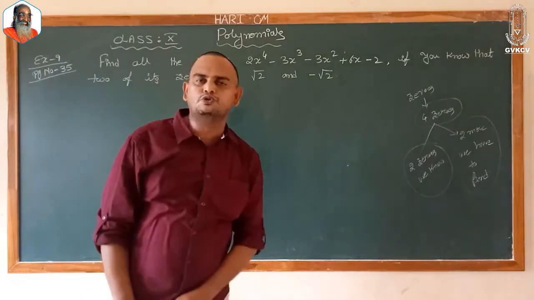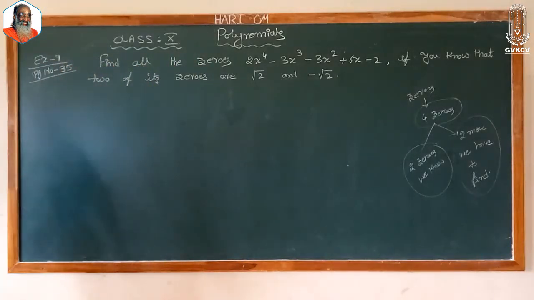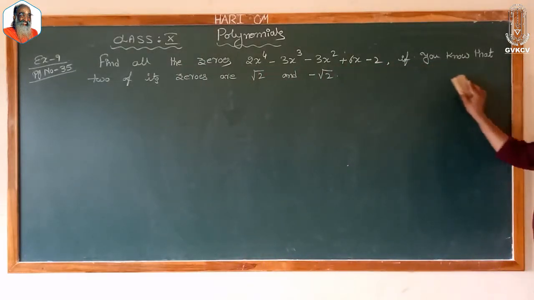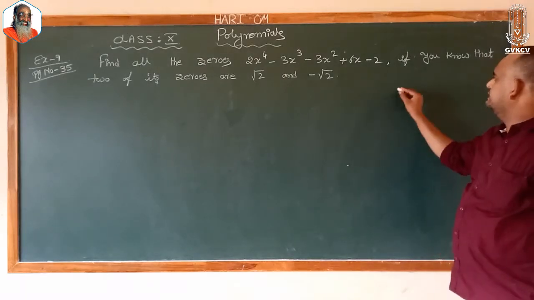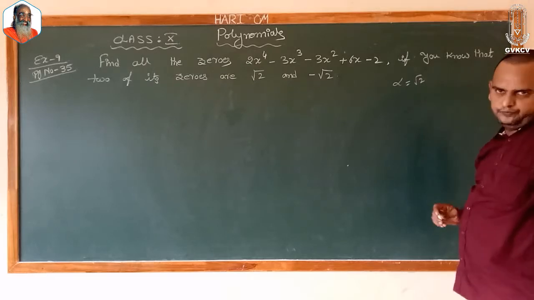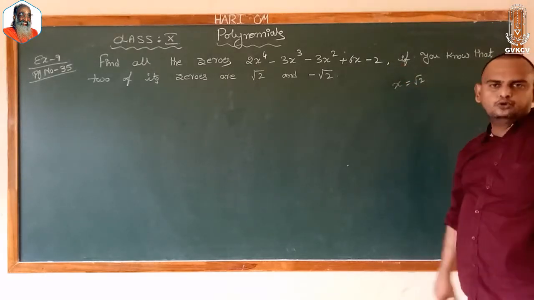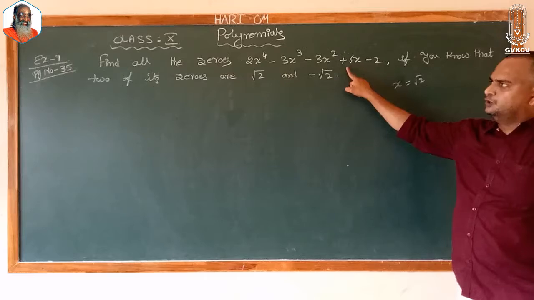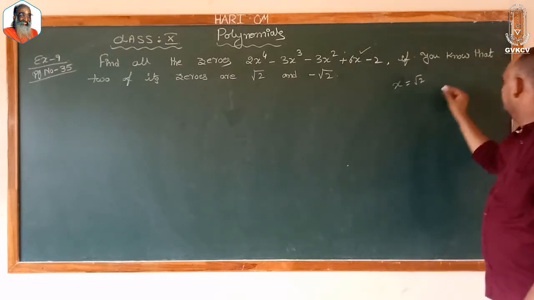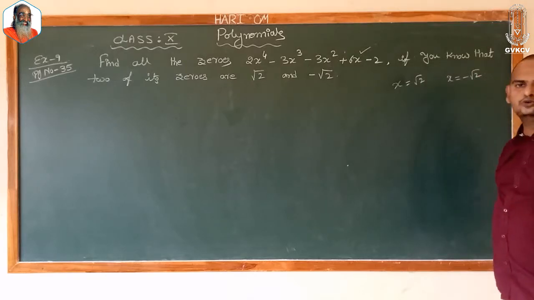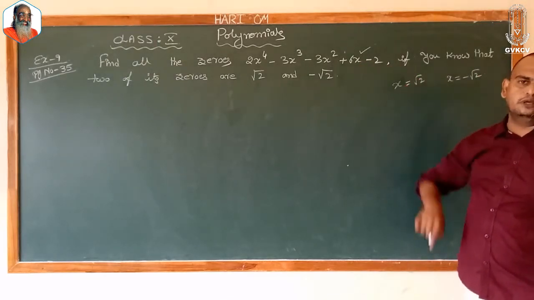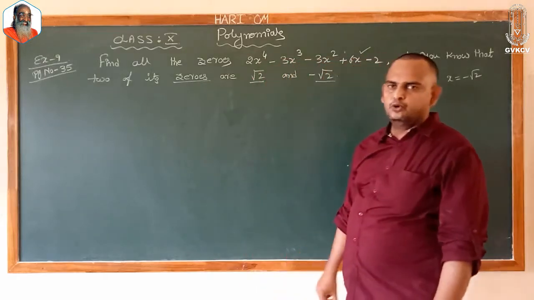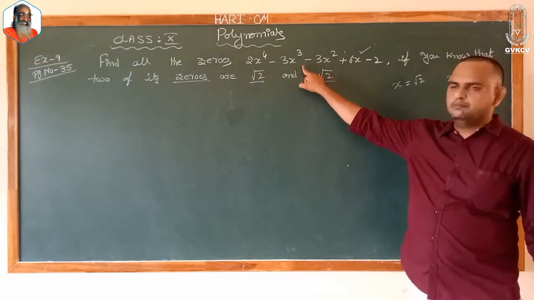Now let us see how to find it. So how to use these 2 zeros? That we have to know. As I know, they said that alpha is root 2, means x is equal to root 2 is a solution for the given polynomial. X is equal to minus root 2 is also a solution for this polynomial, because they gave that root 2 and minus root 2 are zeros of this polynomial.